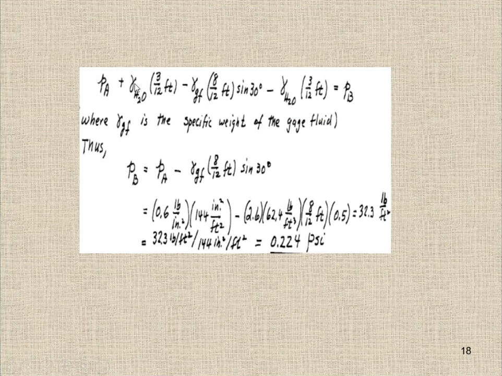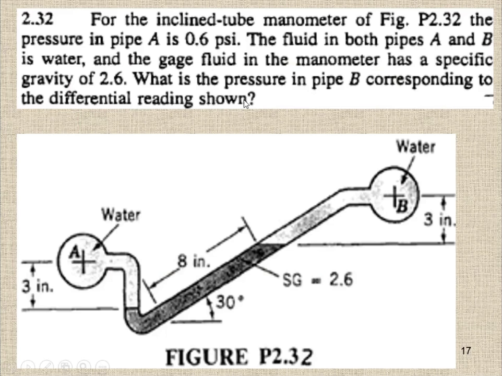You will not use 1000, you will use the value of gamma H2O in the FPS system. This is the value you will use in the equation. From the table you can get the value for the FPS system, and then move on to PB.